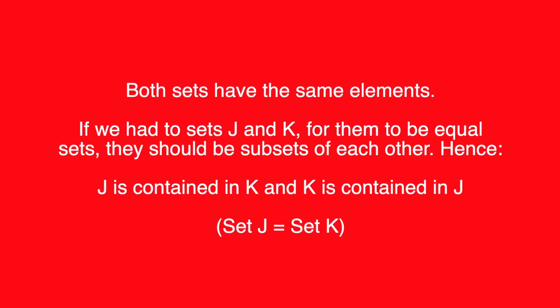What does that mean? Simply, as I spoke about contained, let's say we define two sets, they're both contained in each other. That's what an equal set would be. So if we define two sets, let's say J and K, I'm running out of alphabets here, bear with me. J will be contained in K, and K will be contained in J, and those would be equal sets.